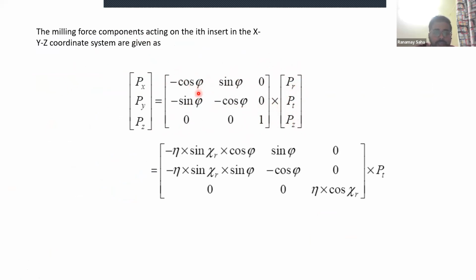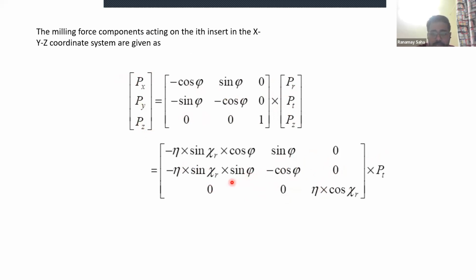And this is the projection matrix, and these are the forces in different directions. You multiply these two to get your forces in the x, y, and z directions. So that gives you this particular matrix.